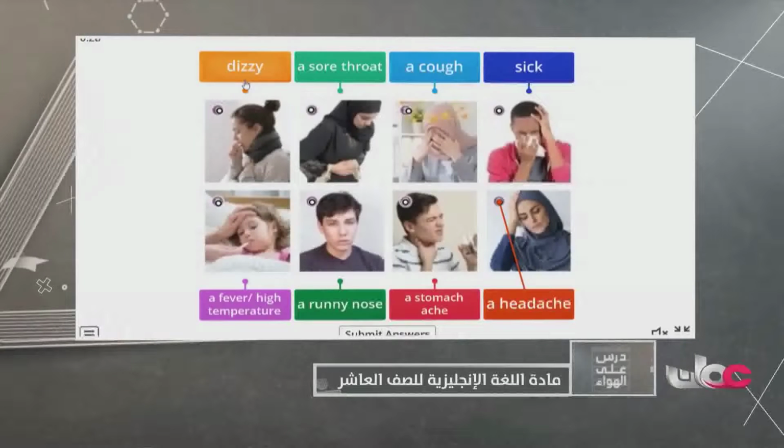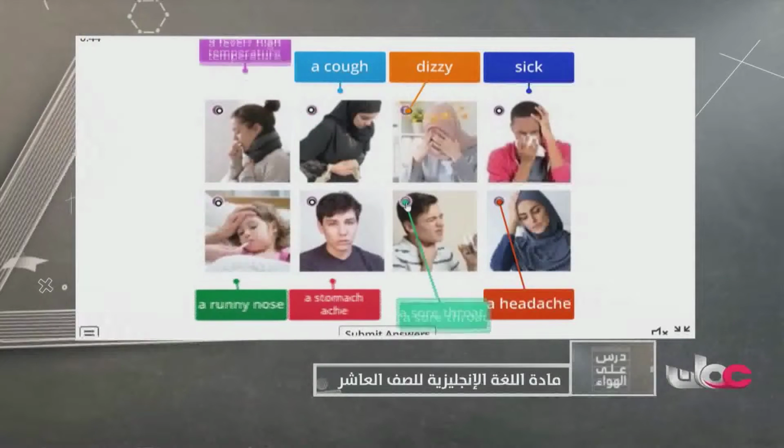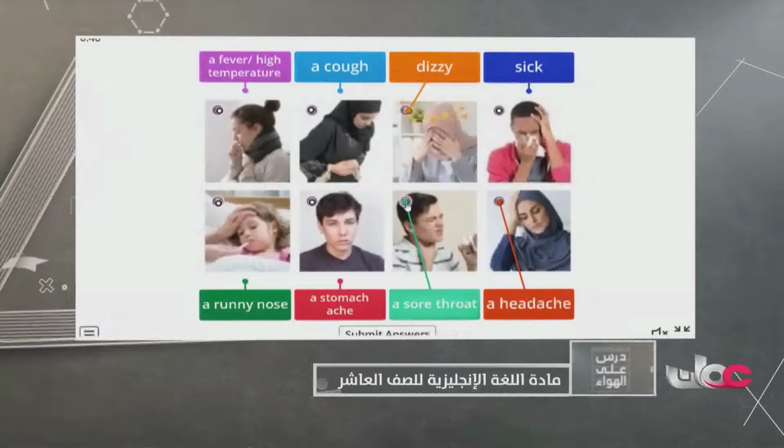Feeling that something is moving, dizzy. Look at this lady. She is feeling dizzy. And sore throat, a problem in your throat. Look at this person. He is putting his hand on his throat.